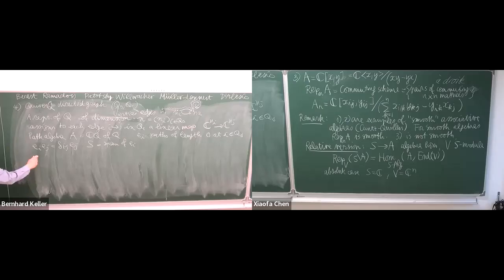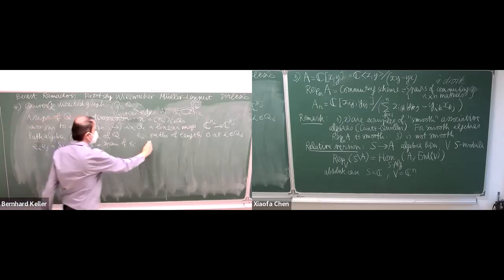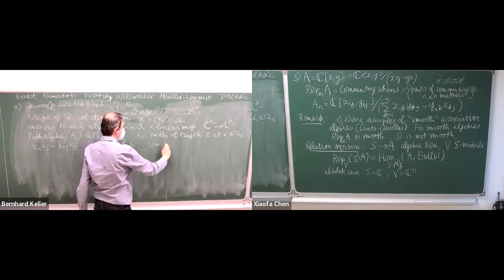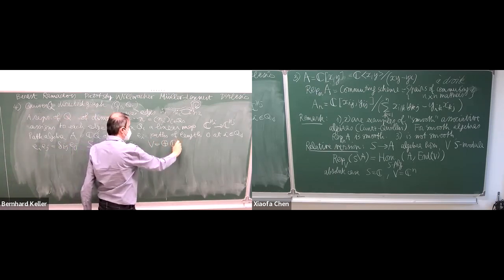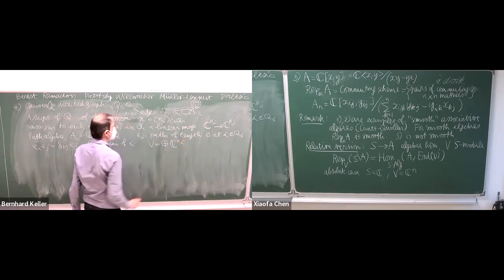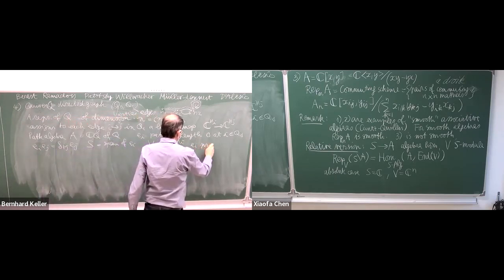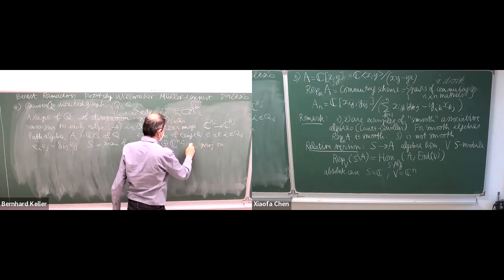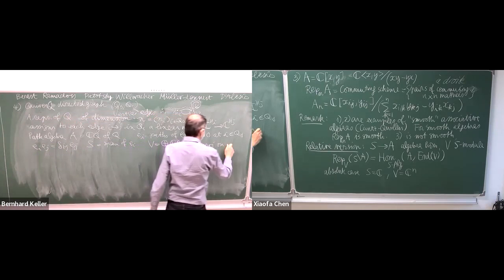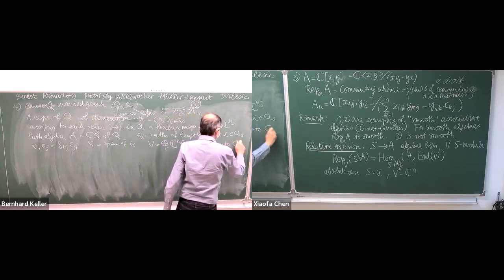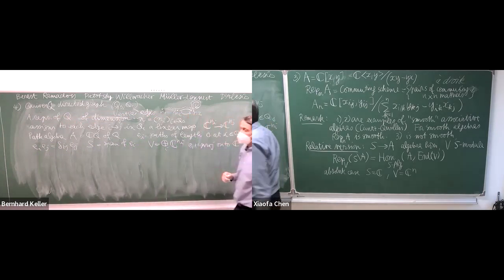So then better you take V to be the direct sum. And E_i the projection. So E_i must be this representation of the projection onto the i-th summand. Okay.